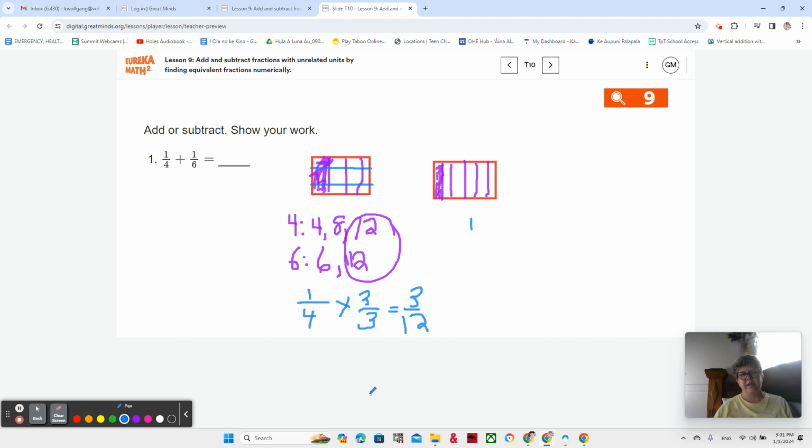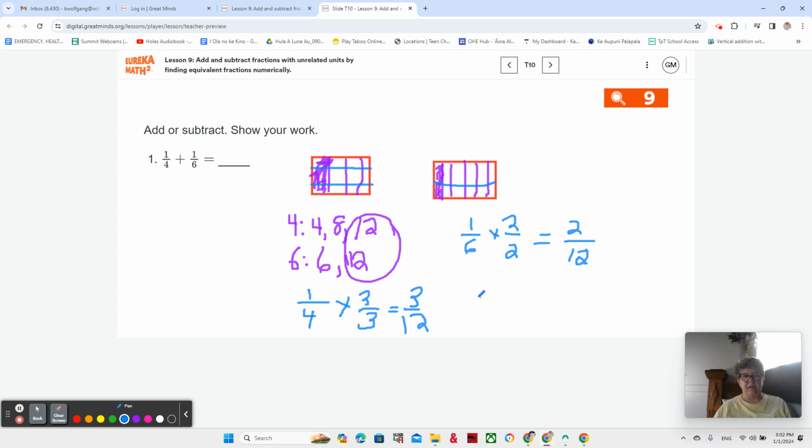Very good. Now what can I do to my 1/6 to change it into 12ths? One line, right? Break it into two parts. So 1/6 times 2 over 2 is equal to 2/12. So we can do it by area model, and we can do it by multiplying.